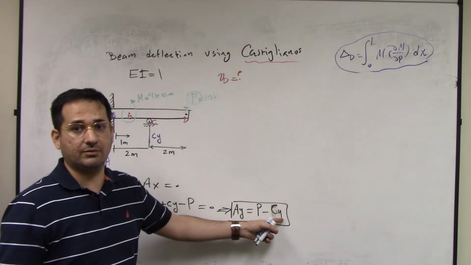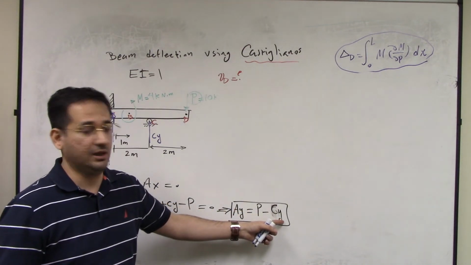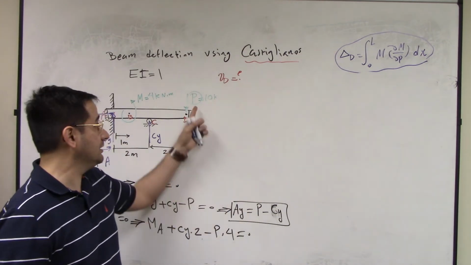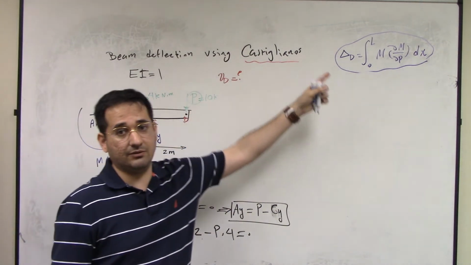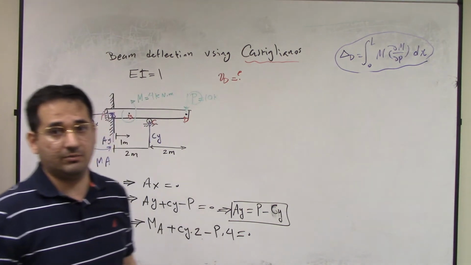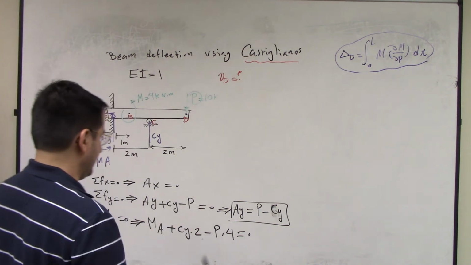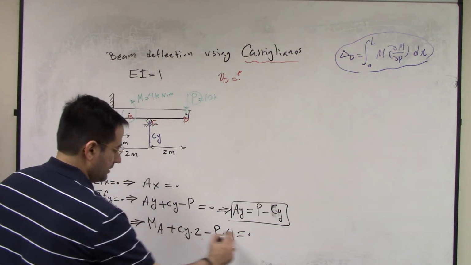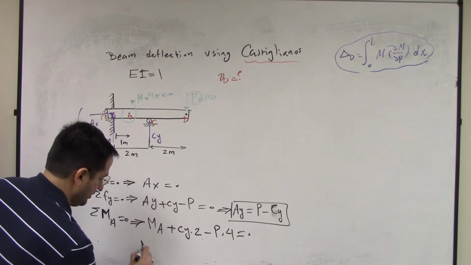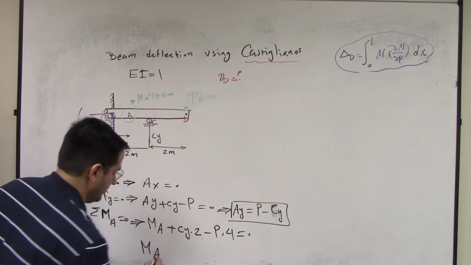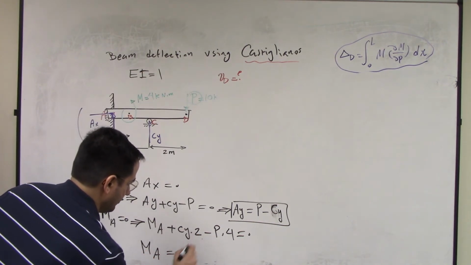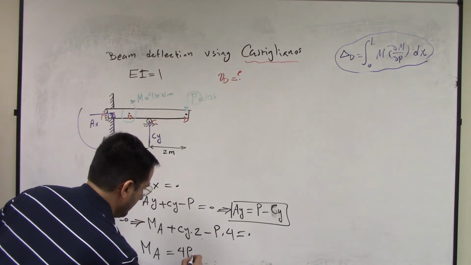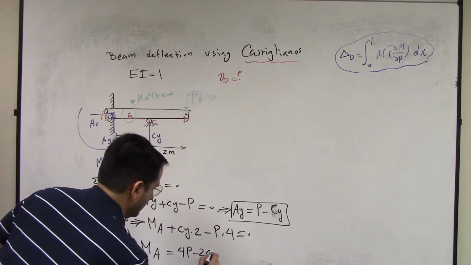So one remains as a parameter, CY. And also we have another parameter, P, because we needed to take the derivative in Castigliano's theorem. But don't worry about it. At the end, we get a relation. So for MA, if I solve for MA, then MA is going to be 4P minus 2CY.